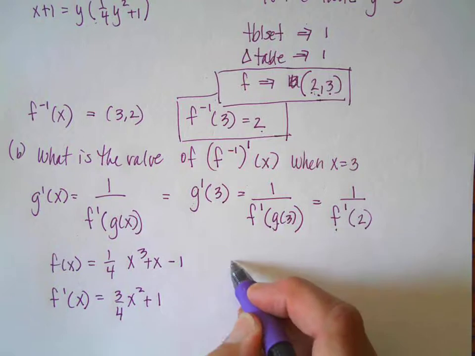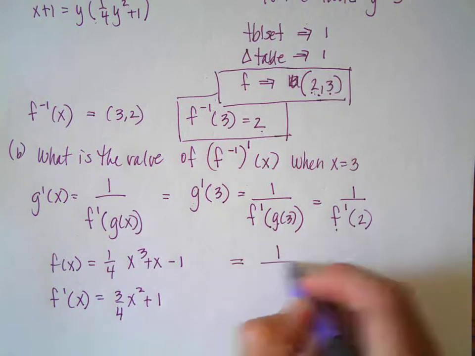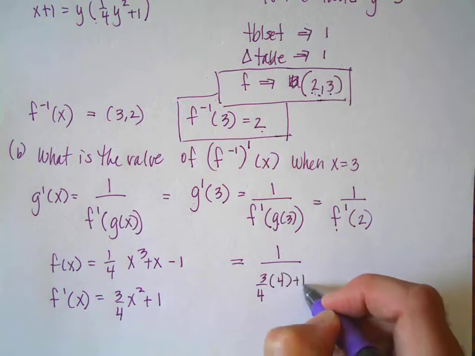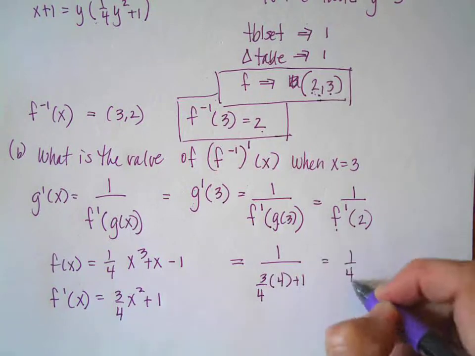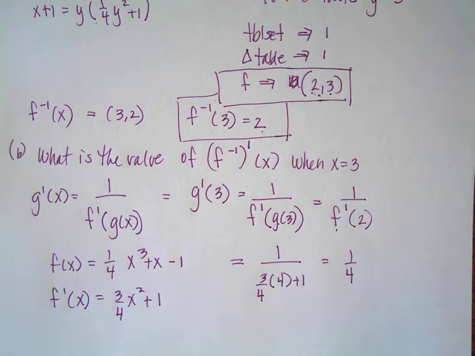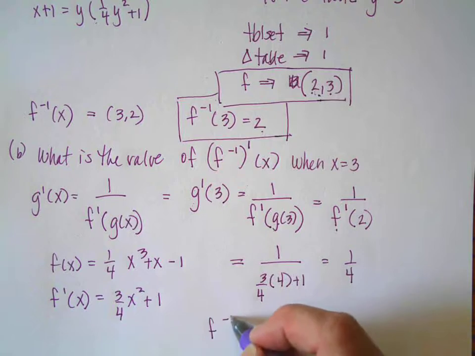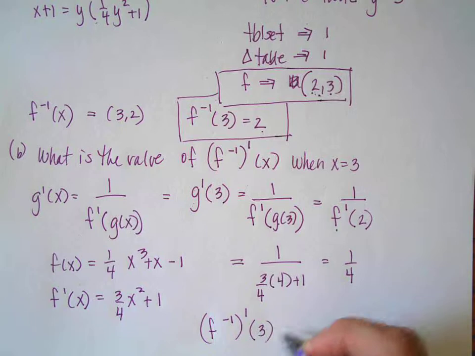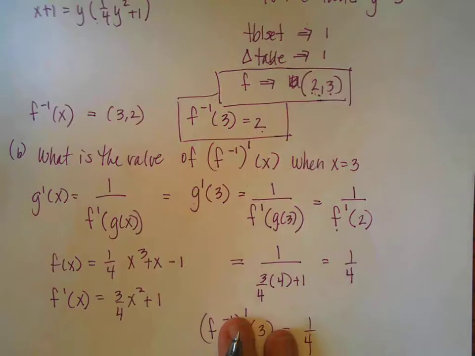Well, now all I have to do is evaluate my derivative at 2. So then this is going to be 1 over 3/4 times 4 plus 1. So this is going to be a quarter. So then if I rewrite my solution as they've written it in the original problem, the derivative of the inverse evaluated at 3 is 1/4.